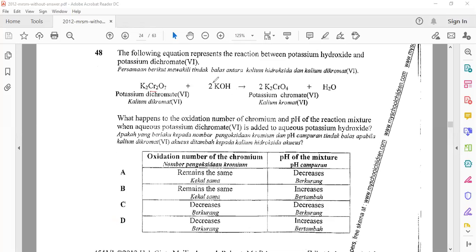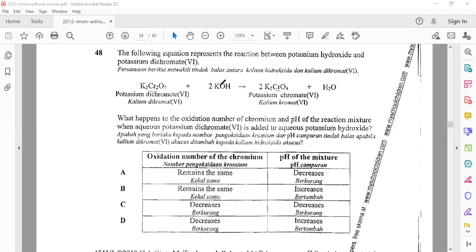That means you are going to calculate from here to here. What is the change? And the pH of the reaction mixture when aqueous potassium dichromate(VI) is added into the aqueous potassium hydroxide. That means when this is added to this, what is the change in the pH value?